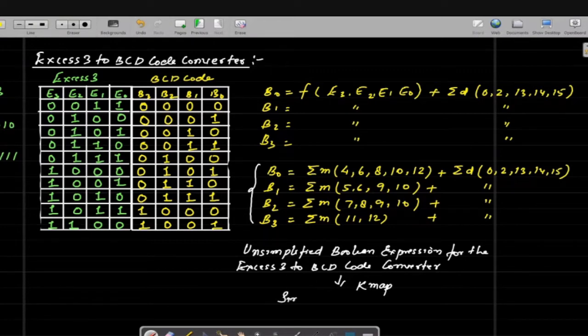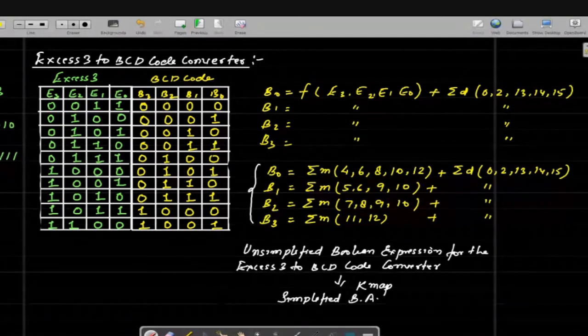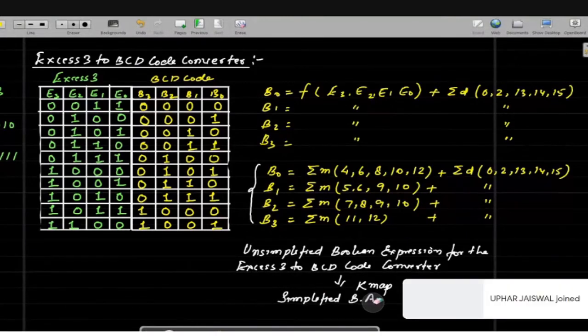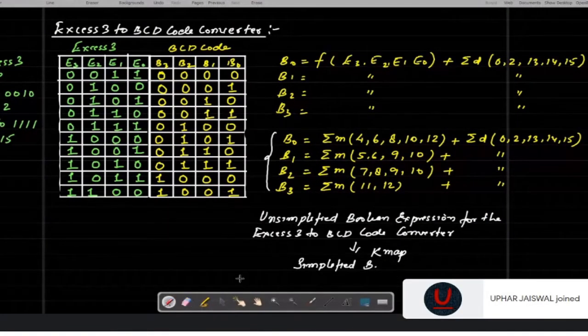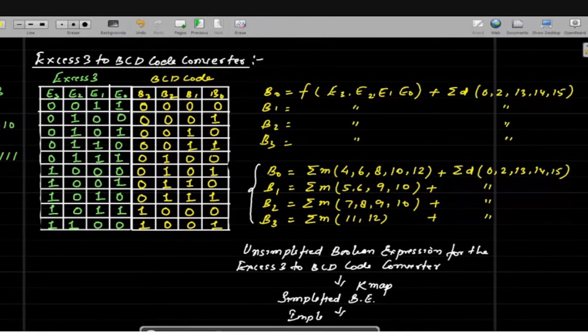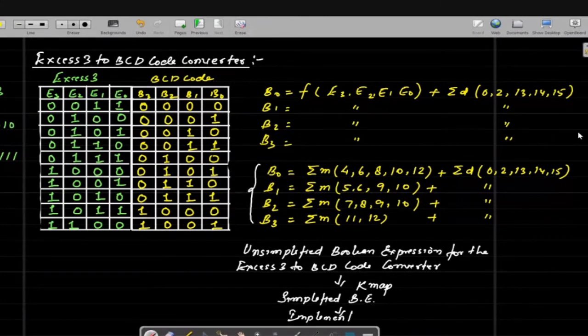So we'll have the simplified expression. I'm writing Boolean expression in short with B. And of course, then you will implement it using basic logic gates.